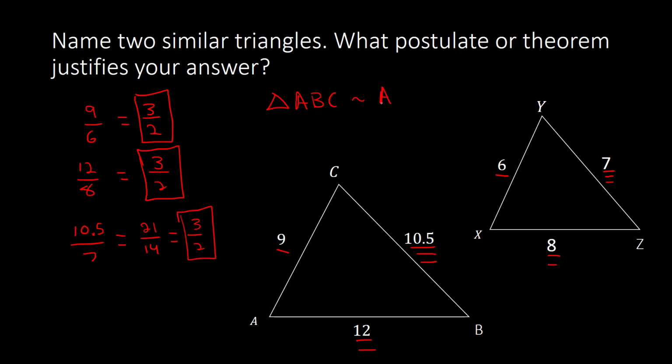And sorry, that should be a triangle, not an A. Similar to triangle, and then this should be an X because the A corresponds with the X. The B corresponds with the Z, so the next letter needs to be Z. And then the third letter, the C, corresponds with the Y. So I would say that triangle ABC is similar to triangle XZY. So it doesn't matter the order in which I write the first triangle, but when I write the second triangle, make sure that the corresponding vertices are paired up with the vertices of the first triangle.